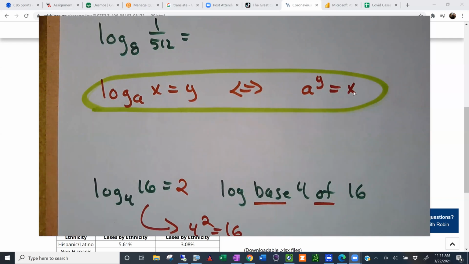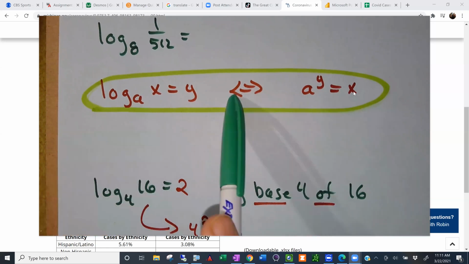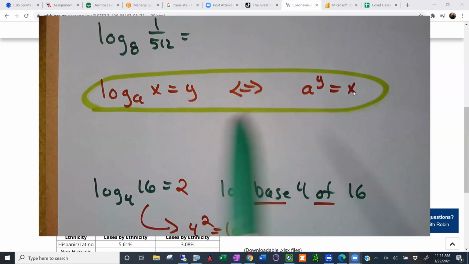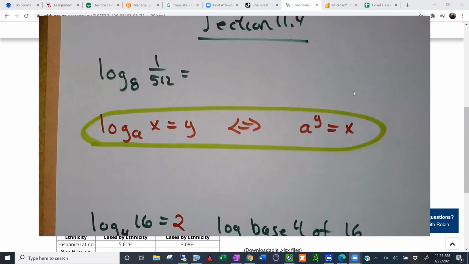Now, this and this are interchangeable. That's what I mean by this bidirectional arrow, is that they're equivalent to each other. And a lot of the problems that you're going to face are going to be stuff like this, where you're given an equation in one form or the other and asked to rewrite it. So what I suggested is you do something like this.